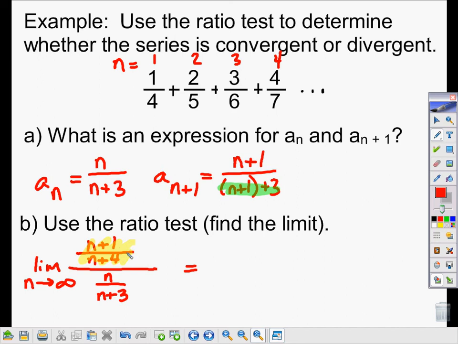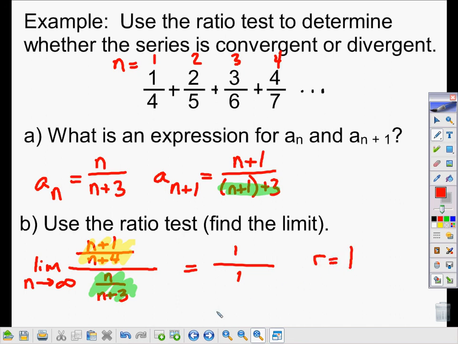So I basically have 1 billion divided by 1 billion. So that would come out to be 1. Same thing happens in the denominator down here. Downstairs I've got 1 billion divided by 1,000,000,003. The 3 is really insignificant with numbers that big. So that also comes out as 1. So my limit comes out to 1.